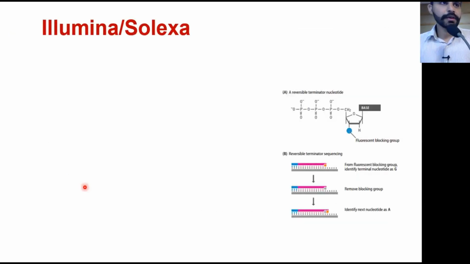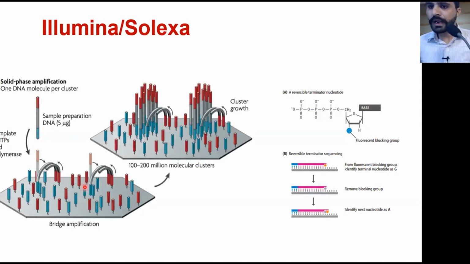A very common method is Illumina. In Illumina, we prepare a library, and we have primers that are attached to a cell. We fragment the DNA and attach adapters to that fragment, and these are complementary to the probes that are already attached to the cell, and they get attached and are amplified.